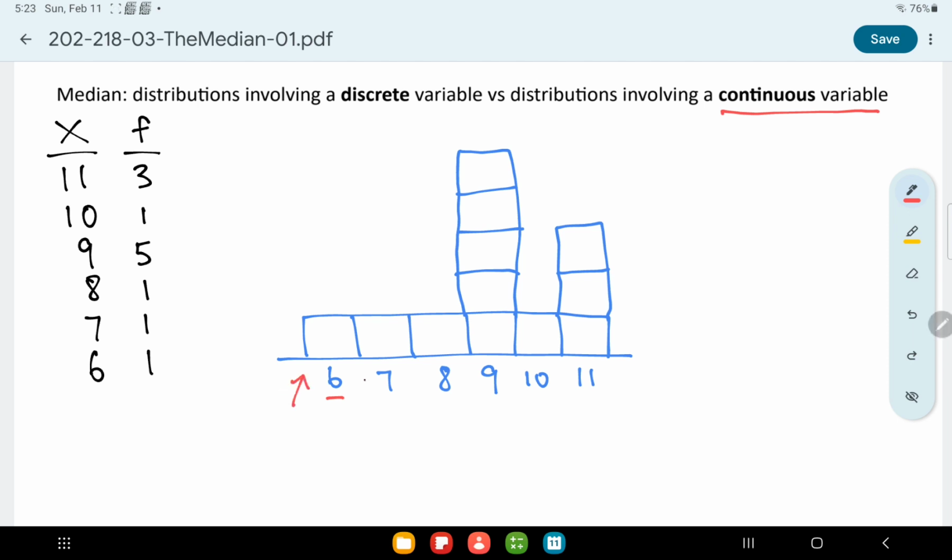Do you see? The upper real limit of 6.5 and lower real limit of 5.5.